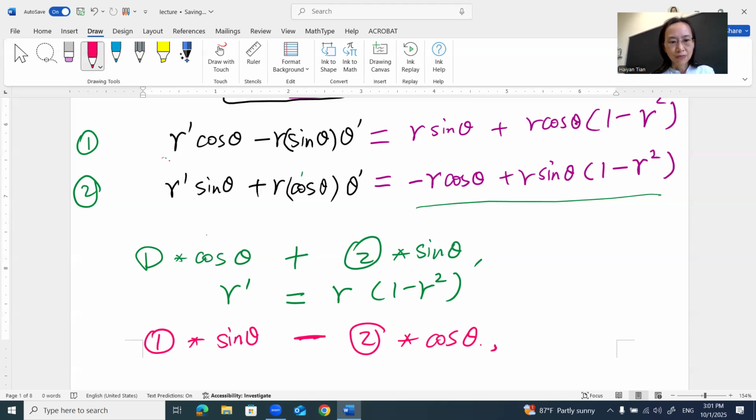So then we can see this part times the sine, that will be negative r sine square theta times theta prime.